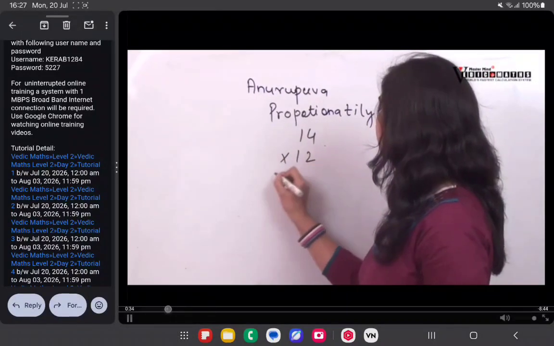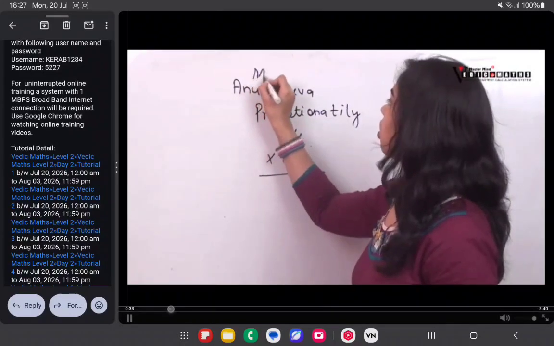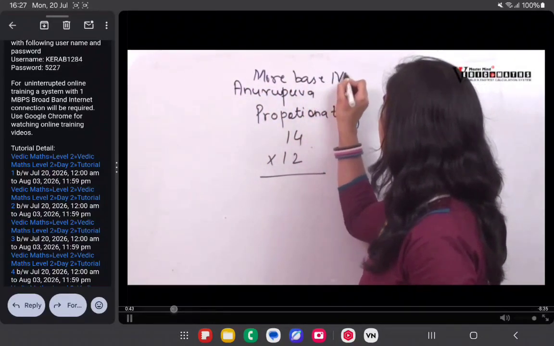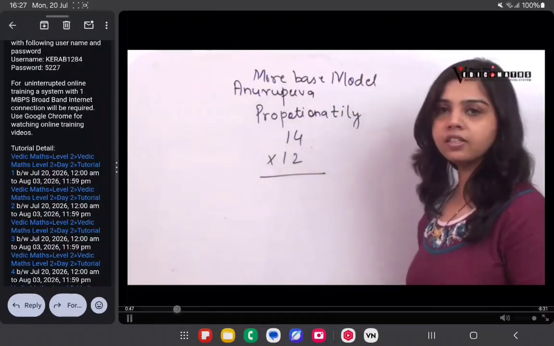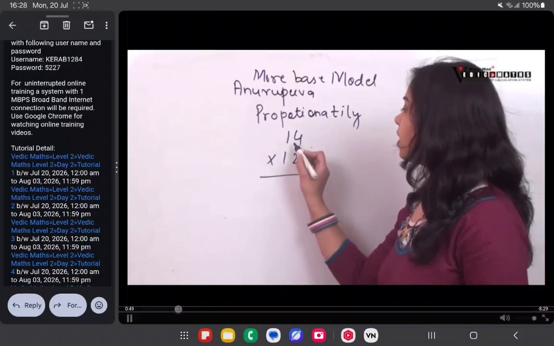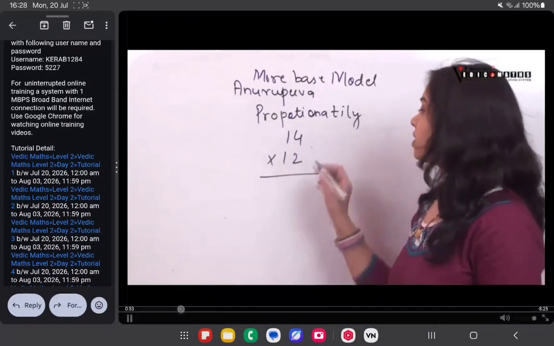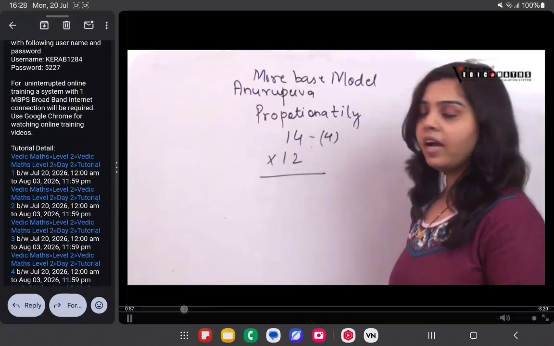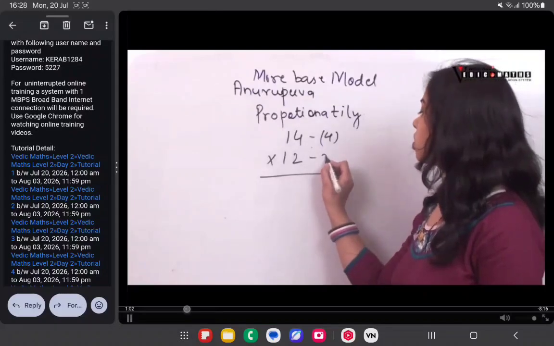14 into 12. Our process is called the more base method. So let's start. If we take the base of 14 as 10, the excess is 4, and the base of 12 is 10, so the excess is 2.